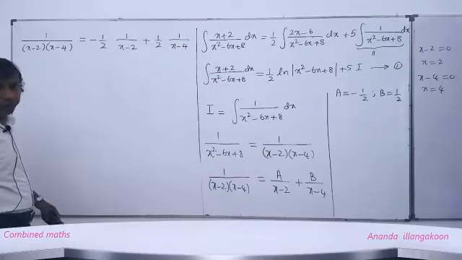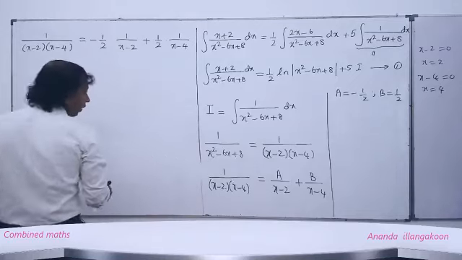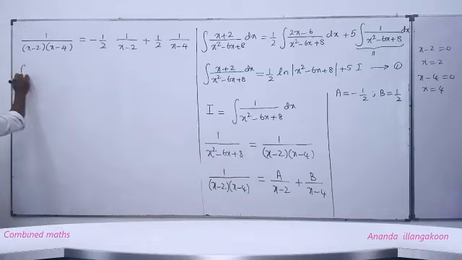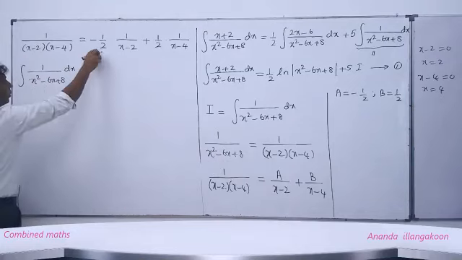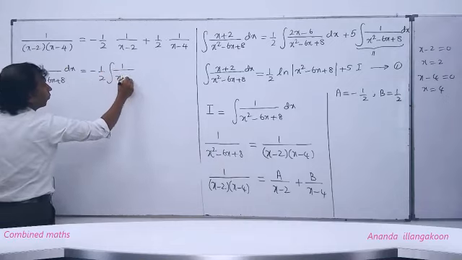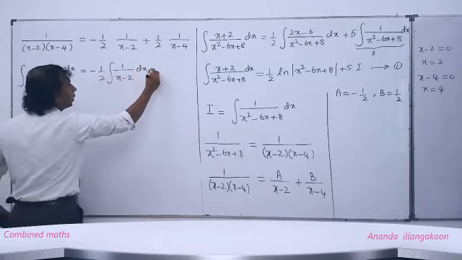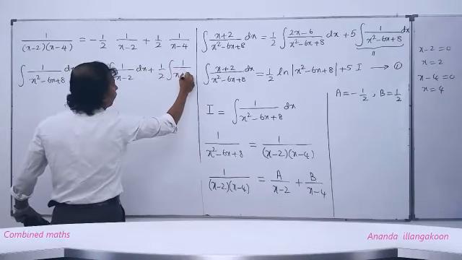This way we have. Now this means really x squared minus 6x plus 8, and then we can integrate that. Now we integrate this: minus half 1 upon x minus 2 dx plus half 1 upon x minus 4 dx.